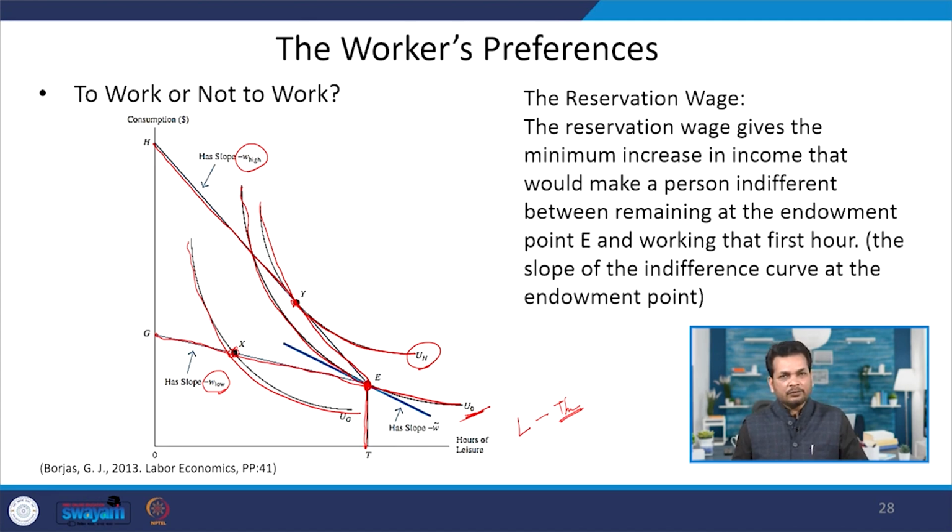So, the reservation wage is the wage which attracts the worker to enter into the labor market, or to decide whether to work or not to work. That is nothing but the absolute slope of the indifference curve at the point E. So, the definition of this reservation wage implies that the person will not work at all if the market wage is less than the reservation wage, and the person will enter the labor market if the market wage exceeds the reservation wage.